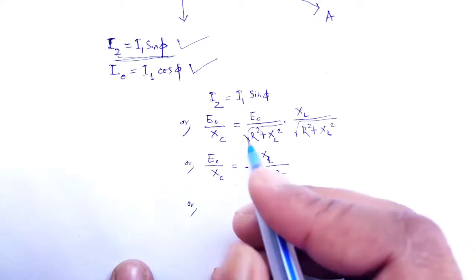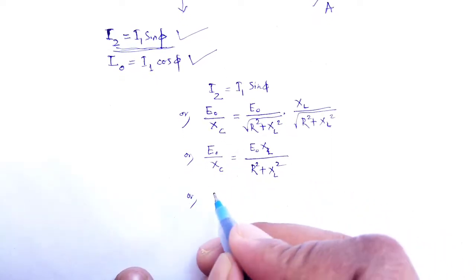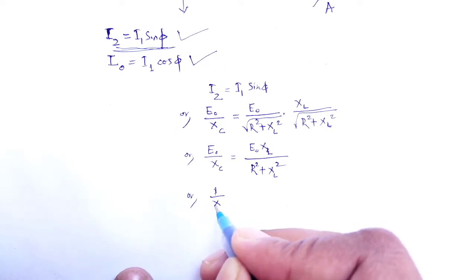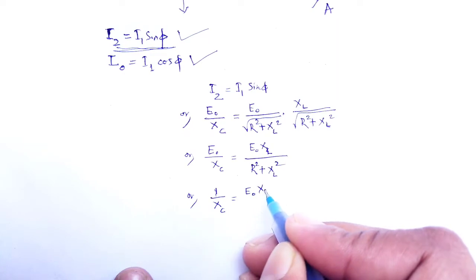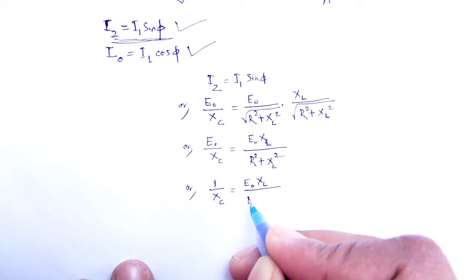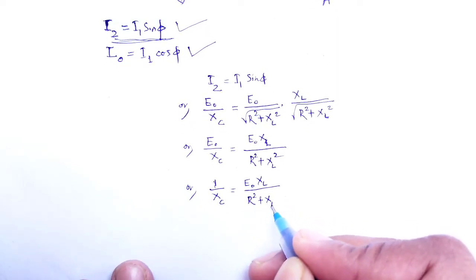or E naught cancels out. So 1 by XC is equal to XL divided by R square plus XL square.